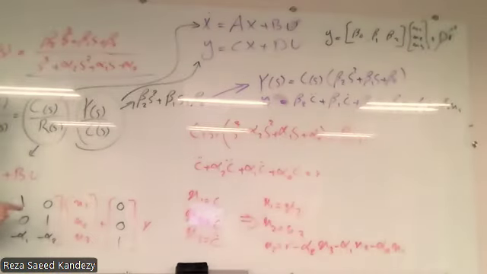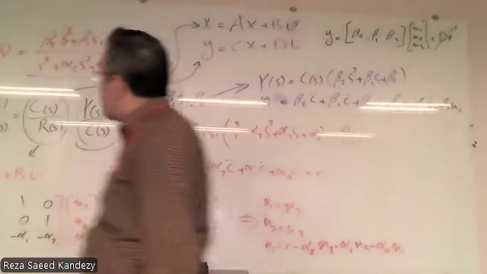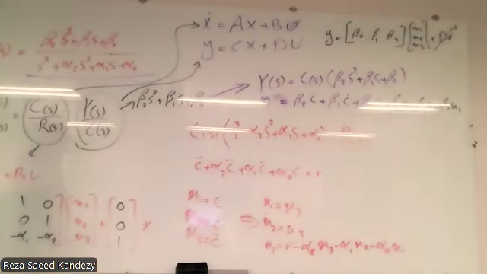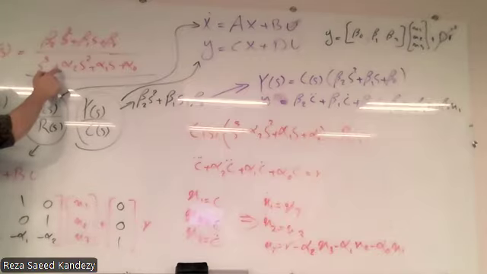Now, I want you to look at these two equations, the one that we have for x dot, the one that we have for y, and look at the transfer function general equation. You can already see that if you have a transfer function, then the numerator is one order less than the denominator.